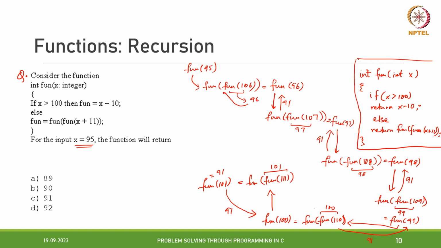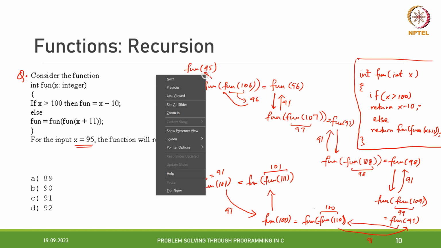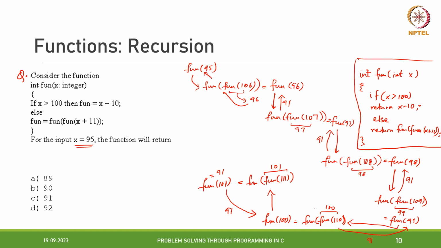Fun of 96 was fun of 106. And who called that? Fun of 95. Fun of 95 called fun of 96, right? Fun of 106. So the 91 value will go back to fun of 95. So basically, if we put fun of 95, your answer will be 91.